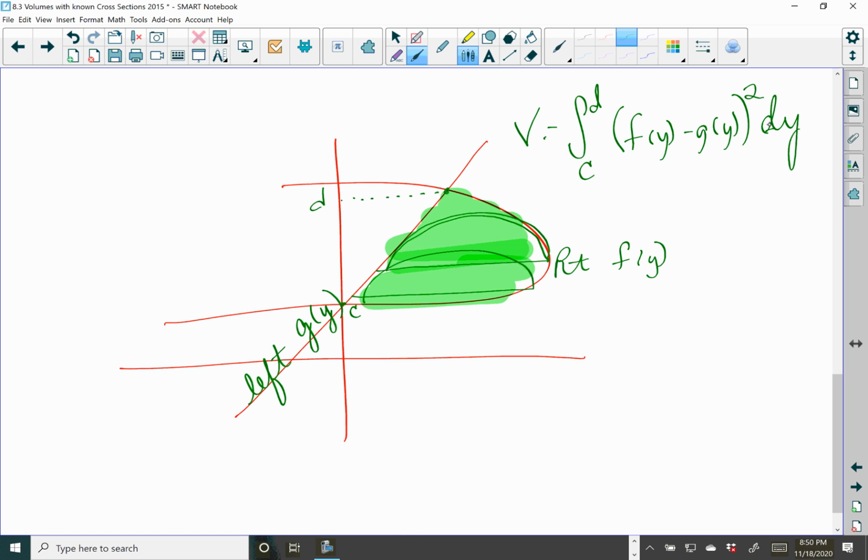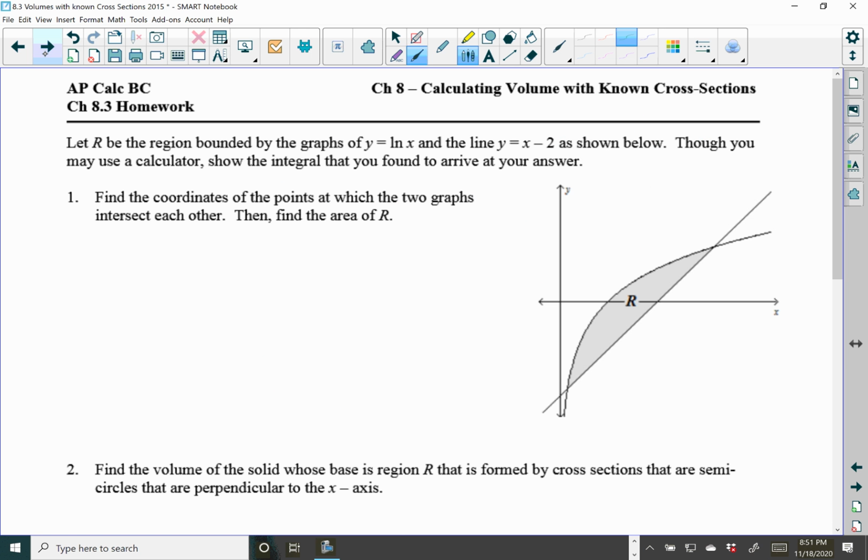So it really just operates on the very same idea. This was right minus left, just like when you were calculating area. Same idea, right minus left quantity squared. And if I was using semicircles, then I would know that my coefficient was pi over 8.